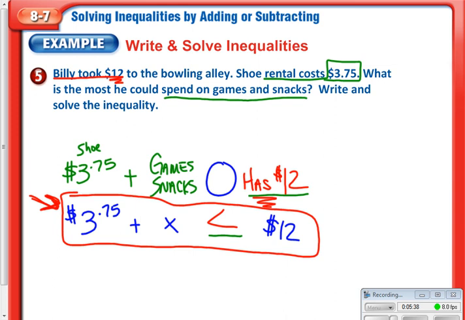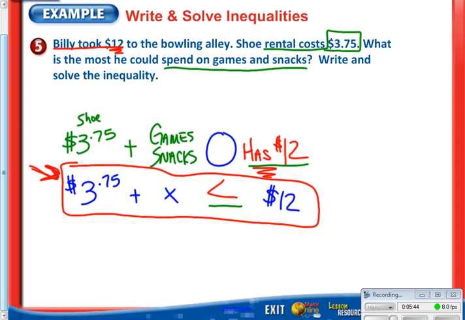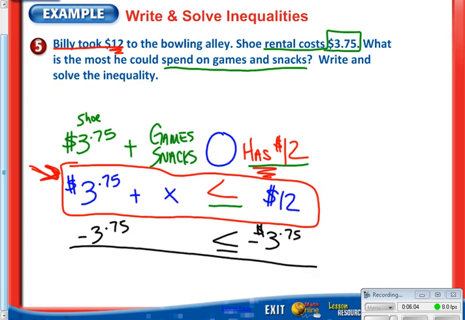The second part says you need to solve it. So I'm going to solve this inequality below my answer here. I have it circled, indicating that's one of the answers. I'm going to subtract 3.75 from this side to get x alone. So minus 3.75. And this would be our solved inequality.